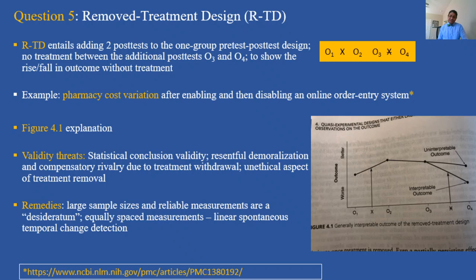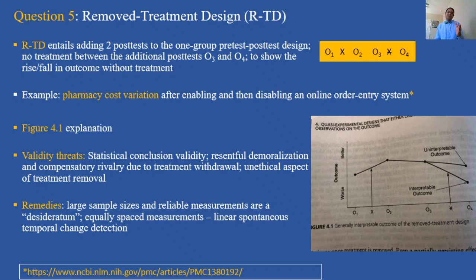But sometimes it may happen that the treatment effect may persist, depending on the treatment and the type of study, and you can see an uninterpretable outcome. That is because of the persistence of the effect of the treatment. You can see the other line that goes slightly lower on the y-axis but higher than the one shown in the interpretable outcome, and that is termed the uninterpretable outcome because one would not be able to explain it.